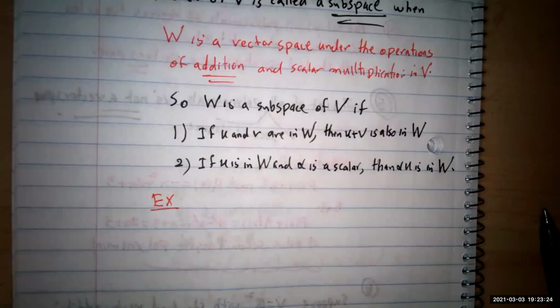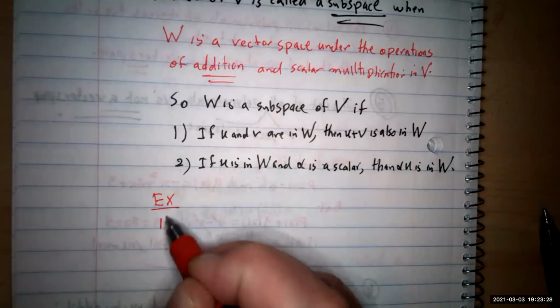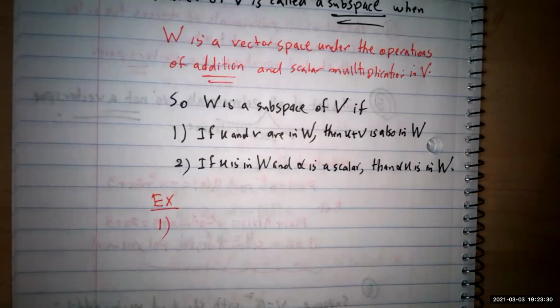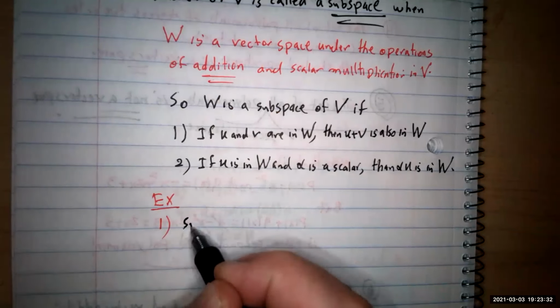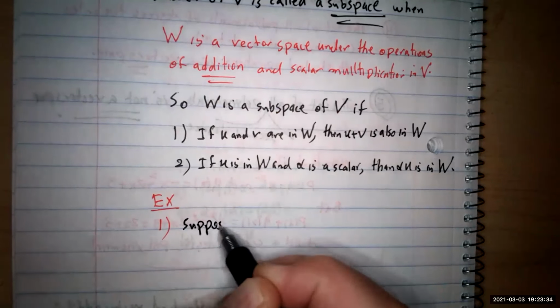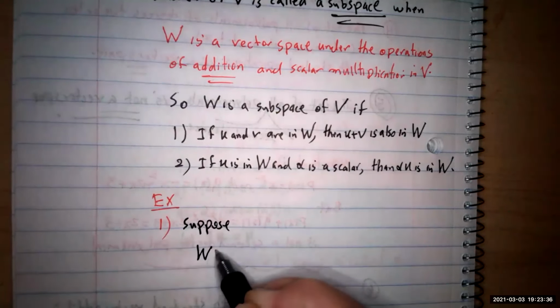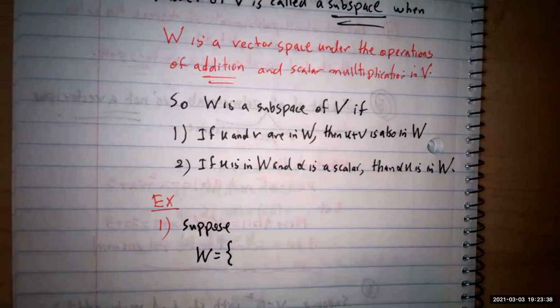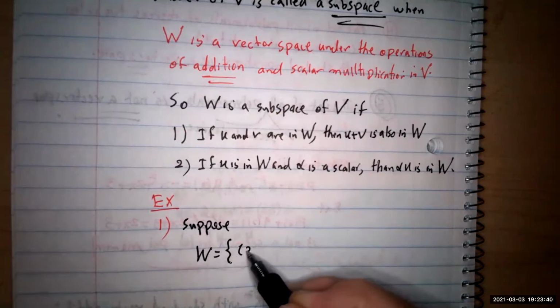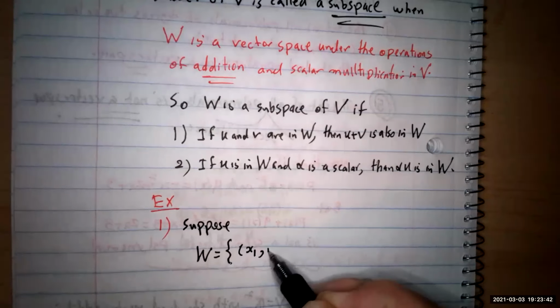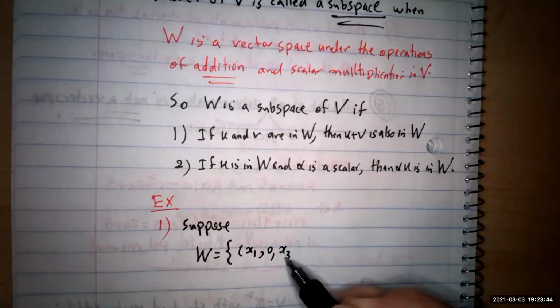So there you are. Suppose example number one. Suppose this is W. Suppose W is going to be a collection of points in three-dimensional space, (x1, 0, x3).